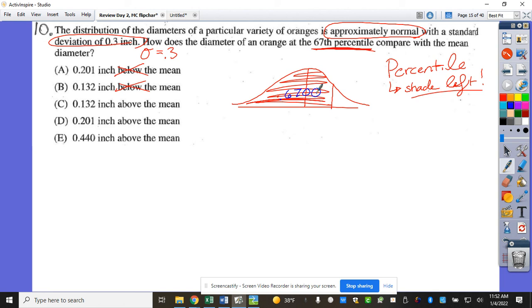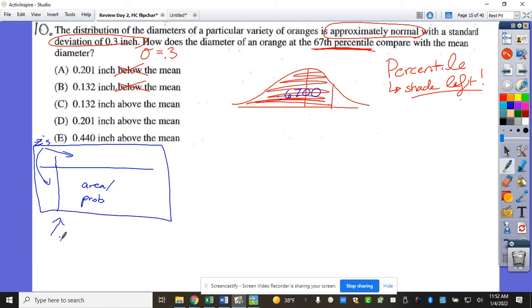What is on the inside? Your probabilities, your areas.